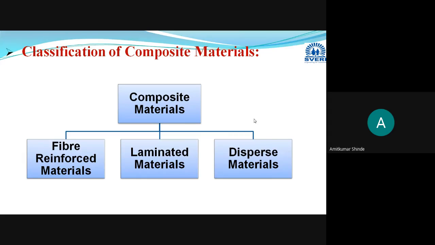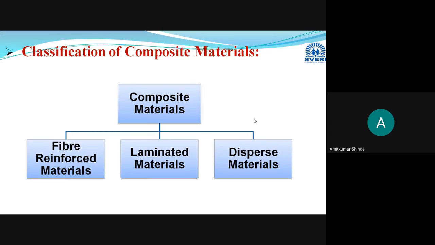Minimum two elements will be there, and from those two elements, one element will act as the matrix, which will act as a binder, meaning it will help in keeping the other material intact. And the material which that matrix is keeping intact or binding together will be termed as the reinforcement.